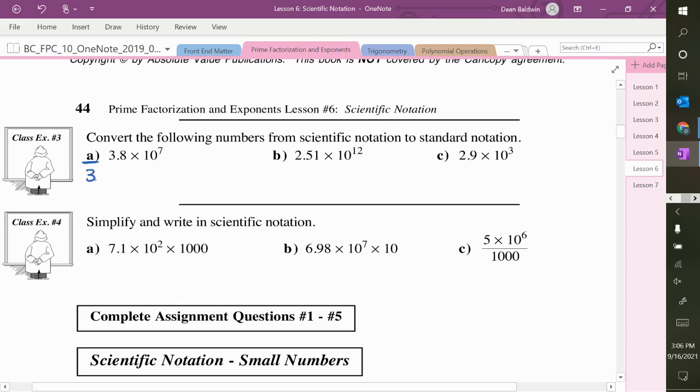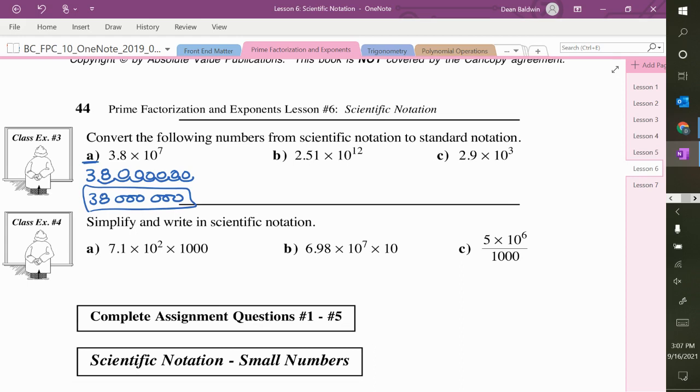So, how many spots do I move the decimal? So that's 38 million. There it is written without all the lines. Okay? When you get good at this, you don't have to do the little loop-de-loop thingies. You can just do it. Okay? All right.